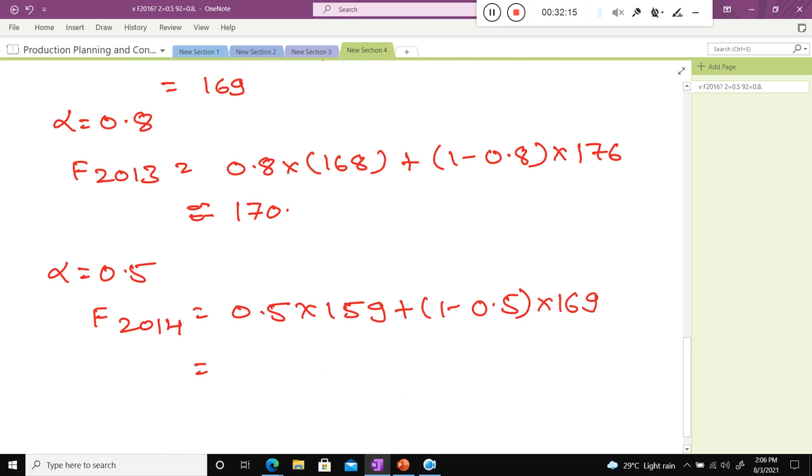So what will be the value, class? 164. Very good. Everyone getting same value?